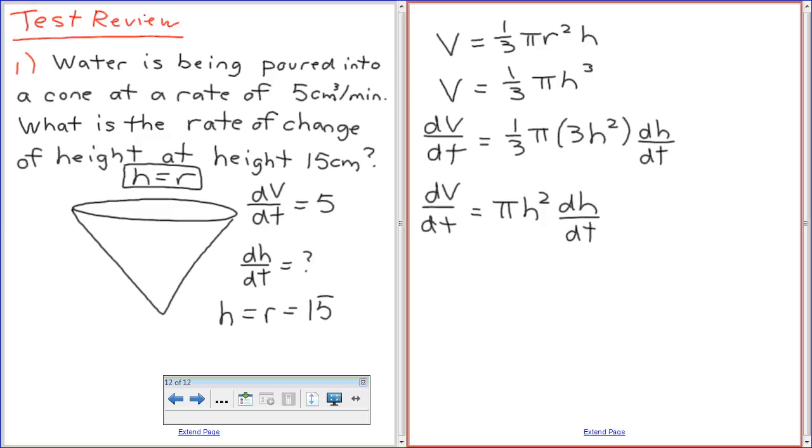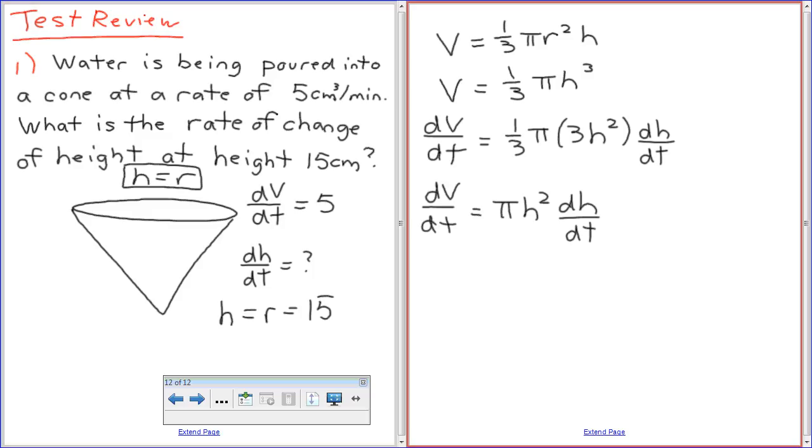Okay, we're getting close. We are so close I can smell it. The last example. What do I need to sub in here? H is what? 15.